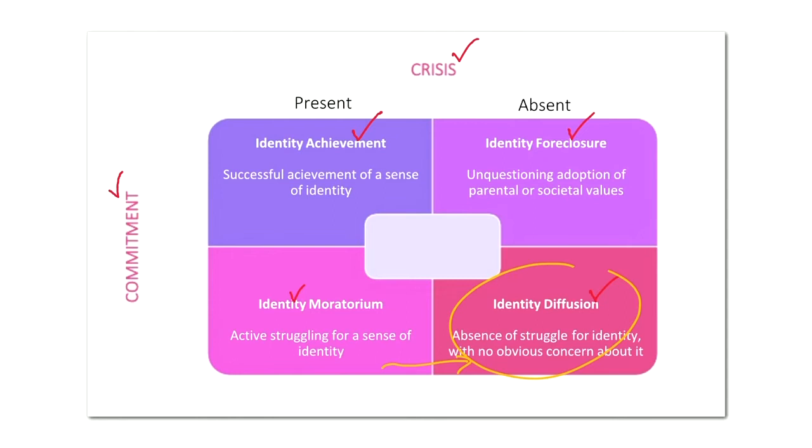Okay. Then I find out there's some used cars for sale. Let's go take a look at those. I move from here to here and I'm back in identity moratorium. I find a new car and lo and behold, I'm able to finally get back into identity achievement. You can see how my car identity moved from place to place.